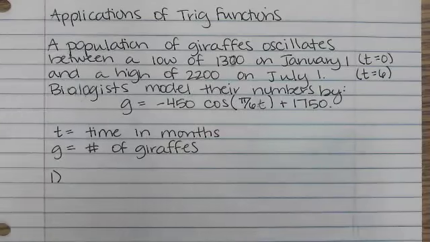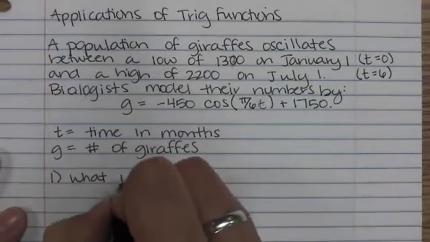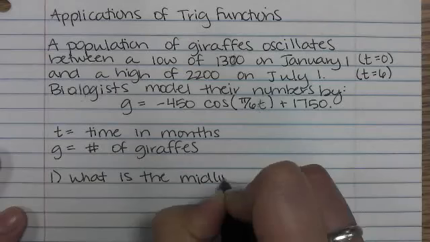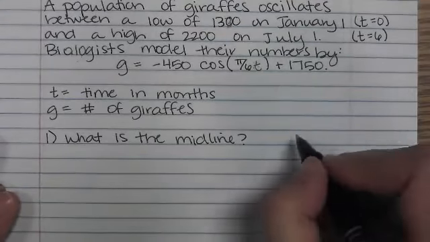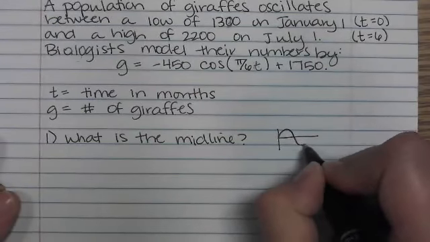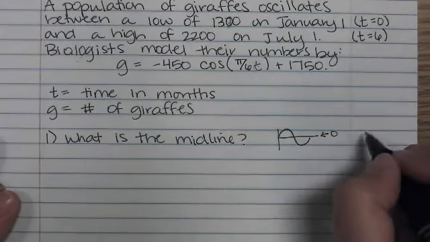Alright, so the first question that we're going to ask is, what is the midline and what does it mean? Off to the side, you could sketch this or not. A regular sine graph looks like this, and the midline for a regular sine graph would be right here at 0.